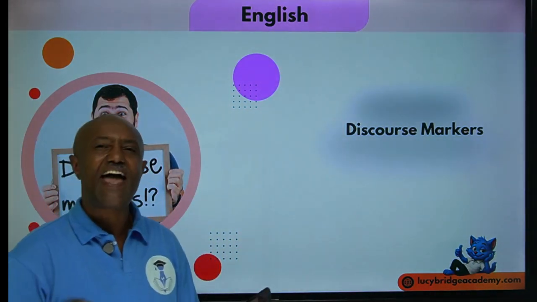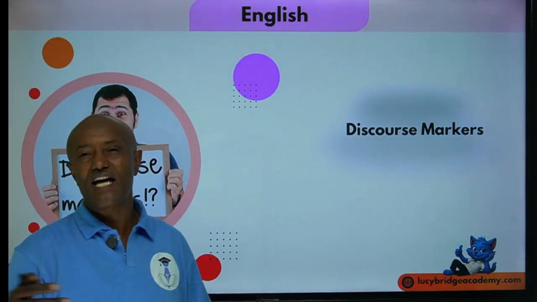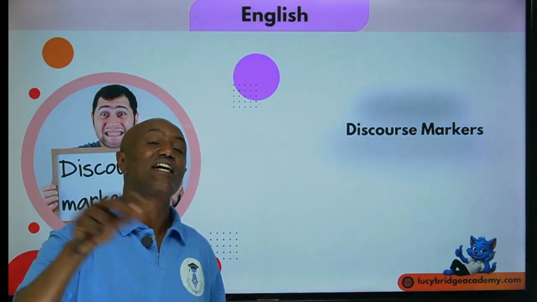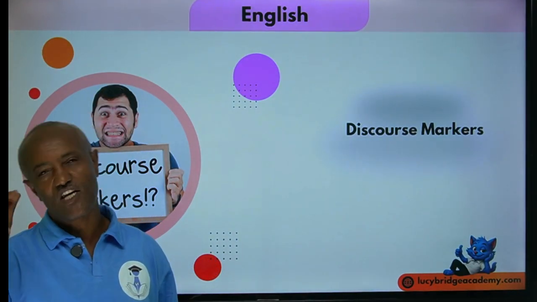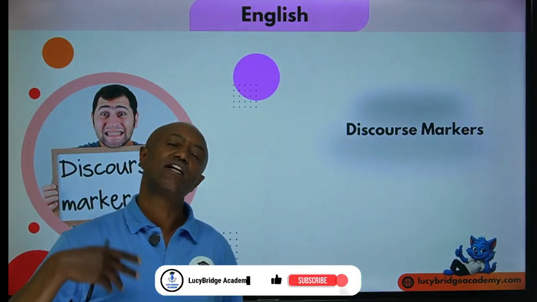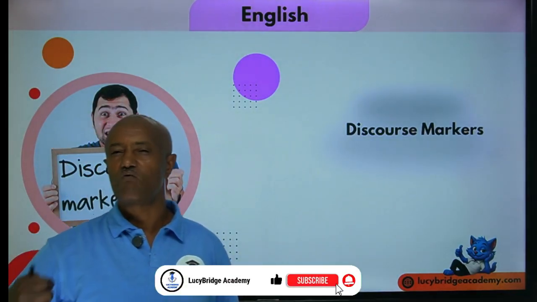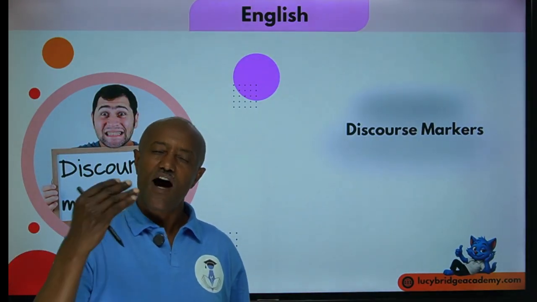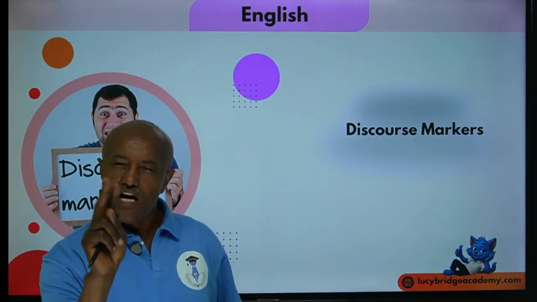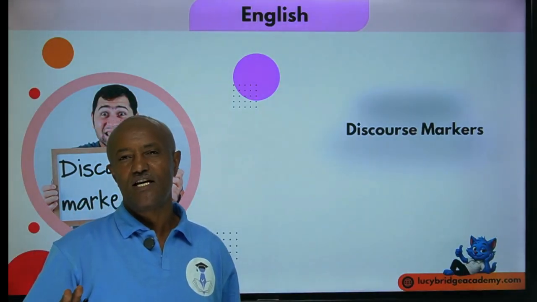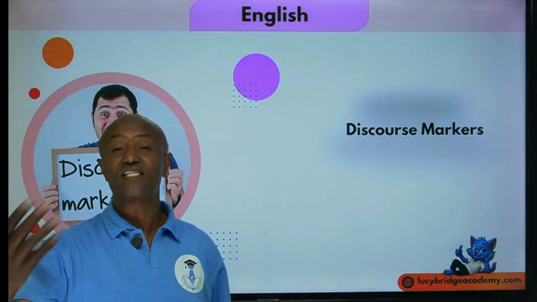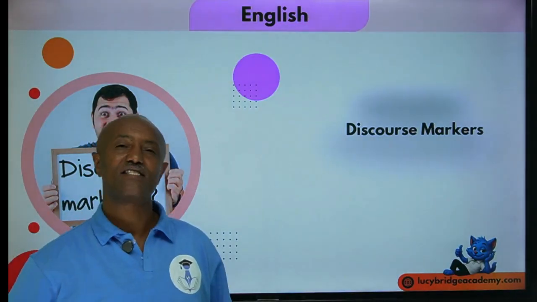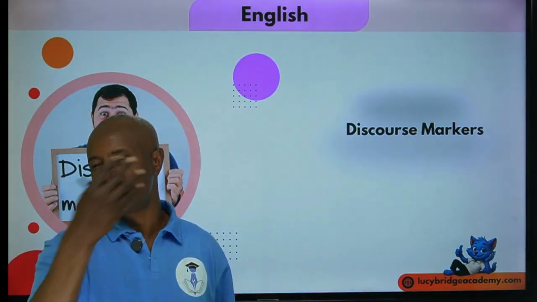That means to connect sentences according to the relationship. Again, remember, that means to use contrasting words or addition words or result words after we identify the relationship of the two sentences. Maybe the second sentence may be the result, or the second sentence may contrast the previous one.